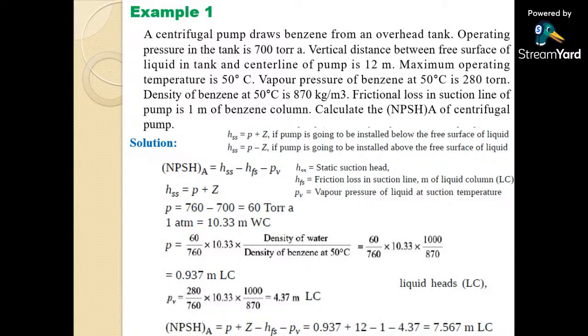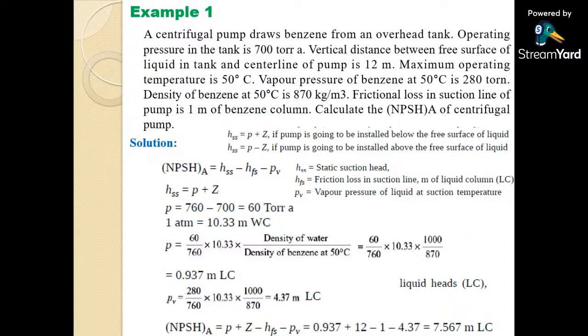So P is how much water column 0.81 and liquid column 0.94 plus Z was 12 meter minus HFS.